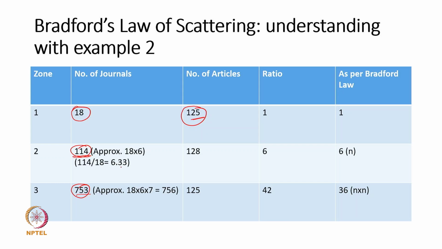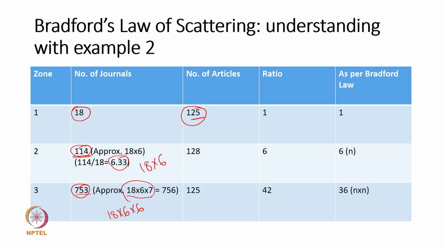114 divided by 18 is equal to 6.33. That means as per the Bradford multiplier, it should be 18 into 6, but in actual it's 6.33. Similarly, the next Bradford multiplier would be 18 into 6 into 6, but it's approximately 18 into 6 into 7.